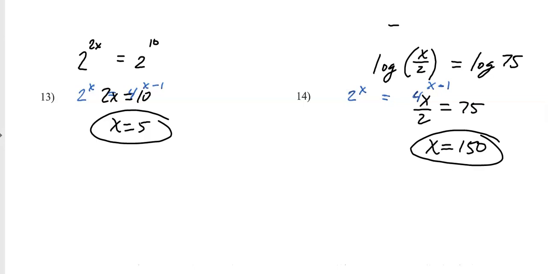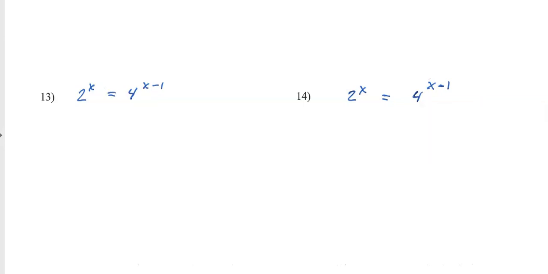All right. You'll notice the last two are the same because I wanted to show two different ways to do it. So on the right, I'm going to rewrite the base as 2. So I'm going to do 2 to the x equals, well, 4 is really 2 squared. And then that's to the x minus 1. And when you raise a power to a power, you multiply. So I need to multiply this 2 times all of that.